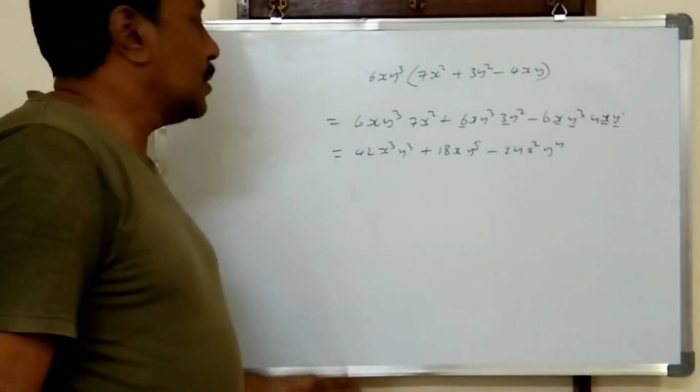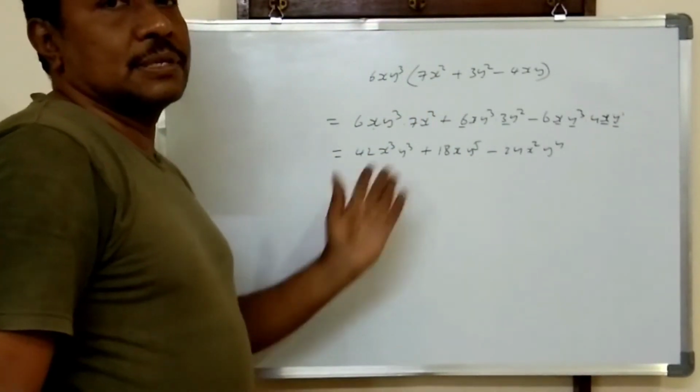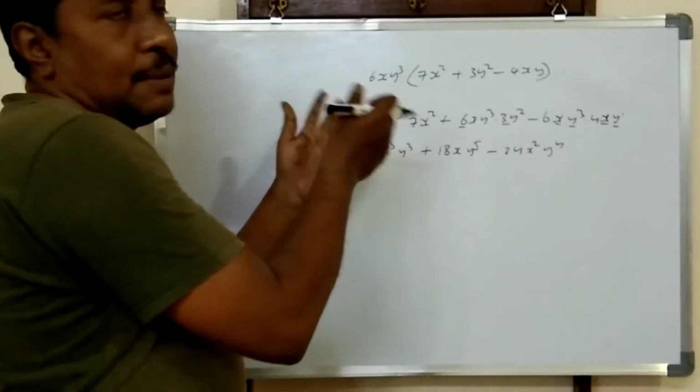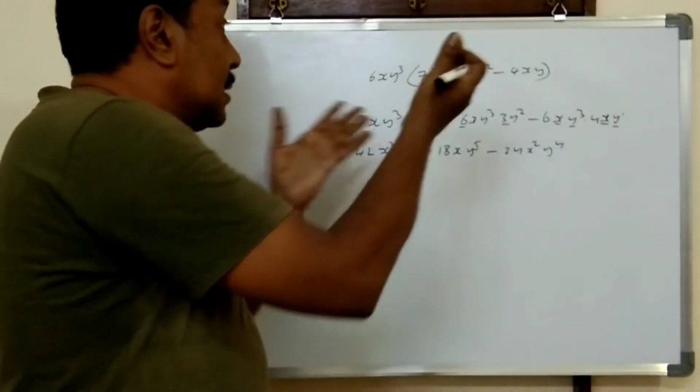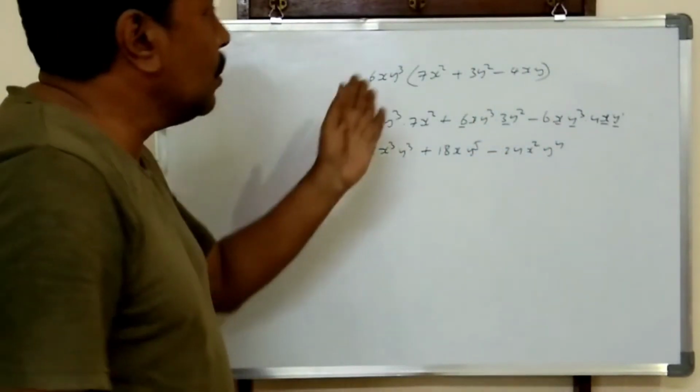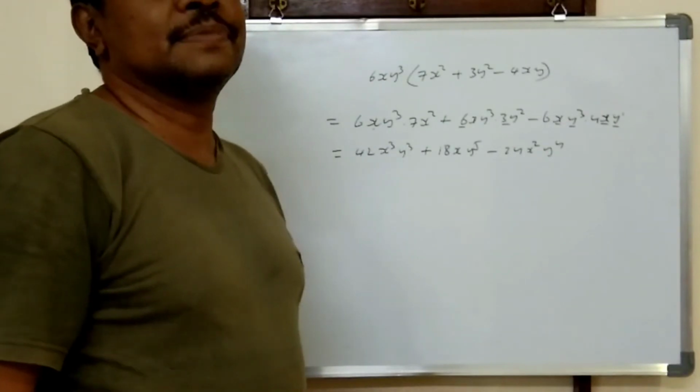So this is the product. In the same manner, multiplying a monomial with an expression containing 4 terms, 5 terms, we have to apply the distributive property.